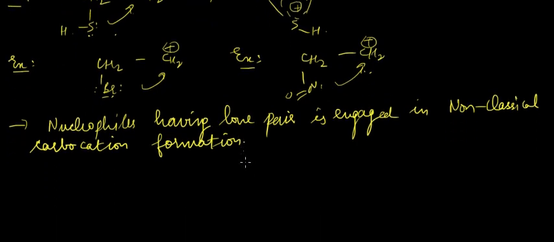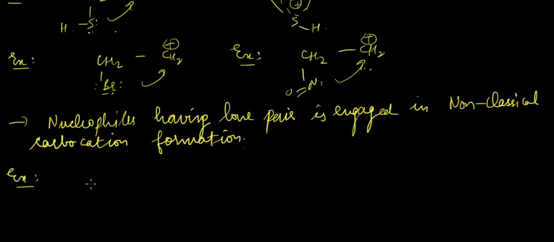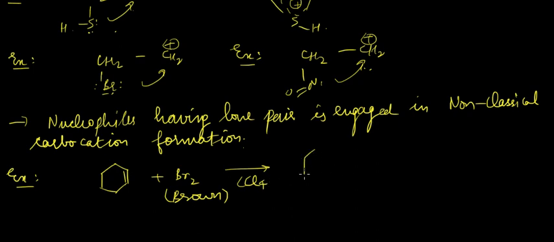Okay, so let me take some examples for the same. If we have something like this and Br2, which is brown in color, is added in the presence of CCl4, then we will have something like this, plus it's a racemic mixture, so we would also have something like this.